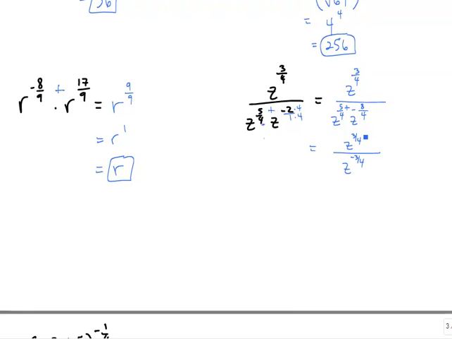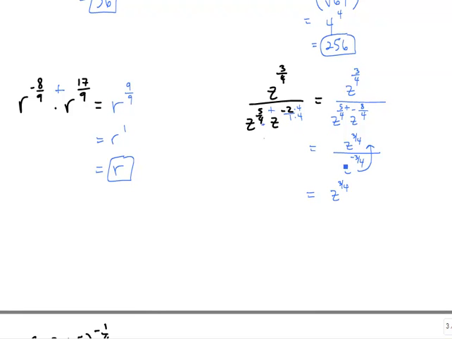And here again you have a couple of different options. Because I see a negative exponent, a lot of times when I see negative exponents, I automatically flip those. So since this negative exponent term is on the bottom, it's going to flip up to the top. So the z to the 3/4 that I already had in the top stays put.